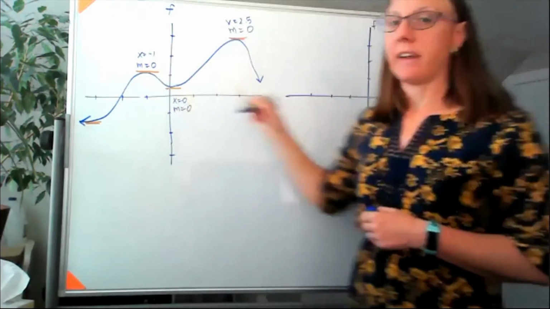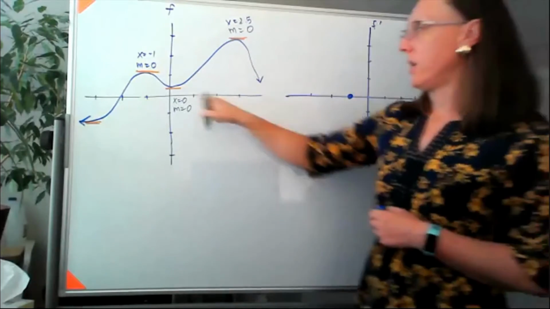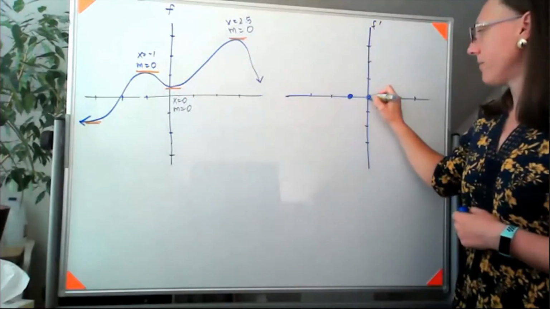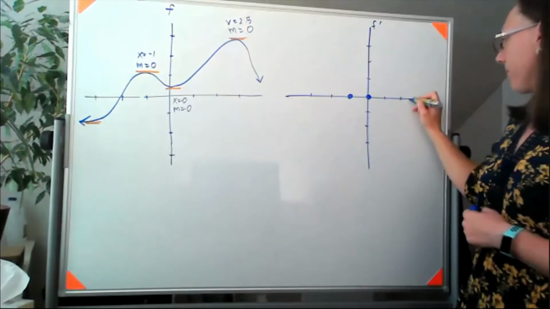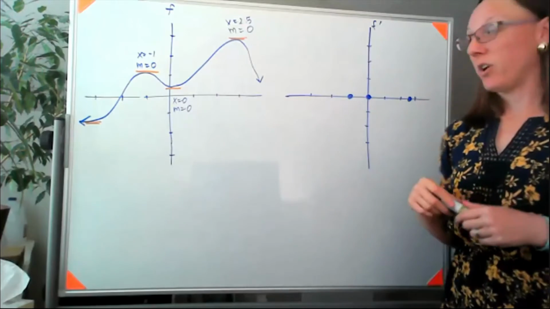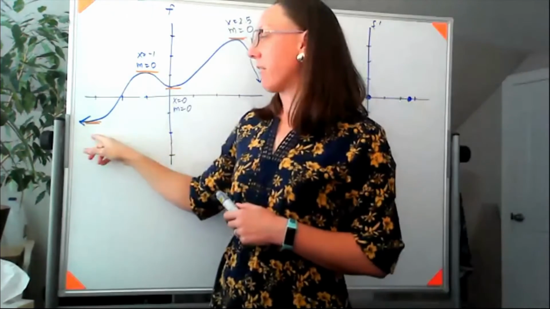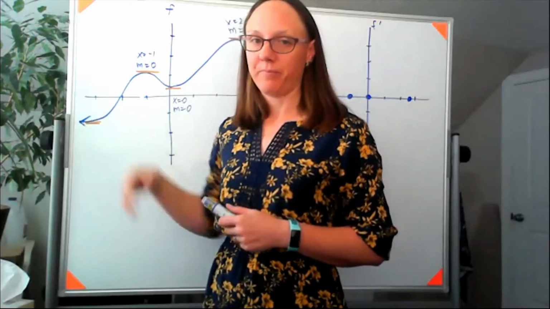So when x equals -1, I need my f prime graph to have a value of 0. Same when x equals 0, and the same when x equals 2.5. And then I also know on this side of the graph, I'm expecting it to level off at 0.